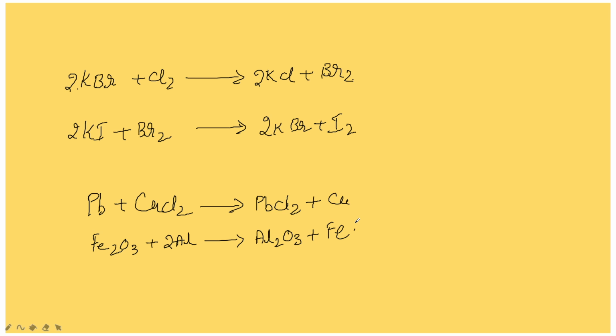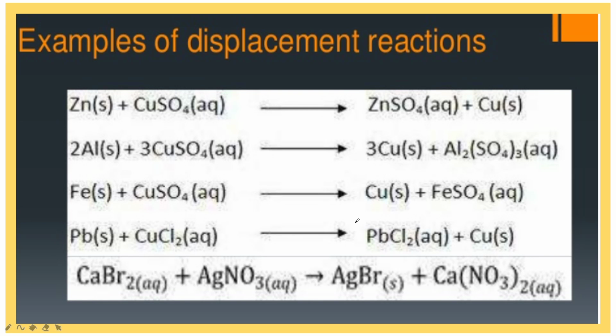Some more examples also. So all these examples you can just copy and make notes. After this chapter, I'll take one session with only the reactions. Okay, so next, what is the next type of reaction? Here the examples are there.